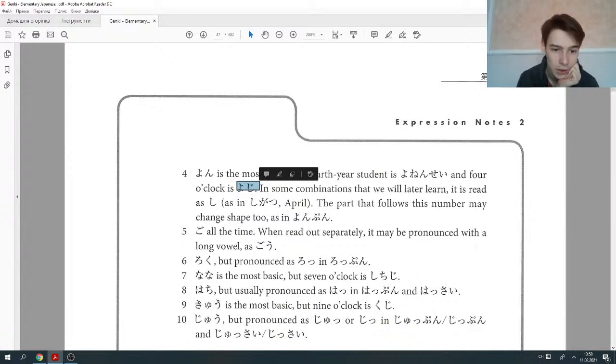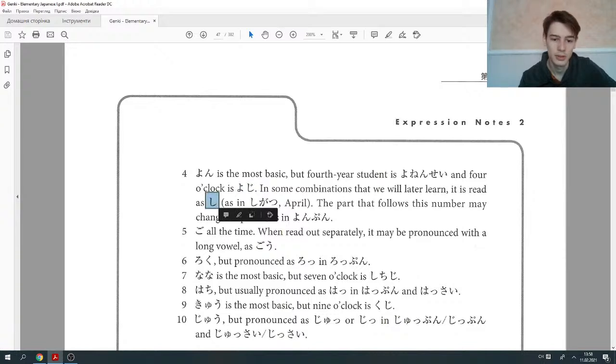Yoji, 4 o'clock, not yonji. In some combinations, I will learn that it's read as shi, as in shigatsu, April. The part that follows this number may change shape, as in yonpun. Well, okay, we can remember. So yon, but sometimes, as in 4 o'clock, it will be yo, and in April it will be shigatsu.